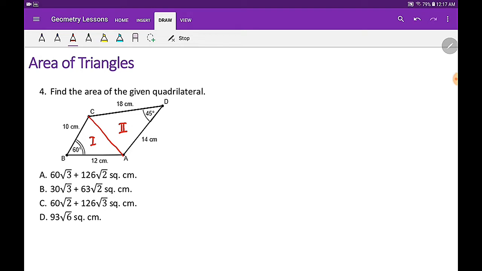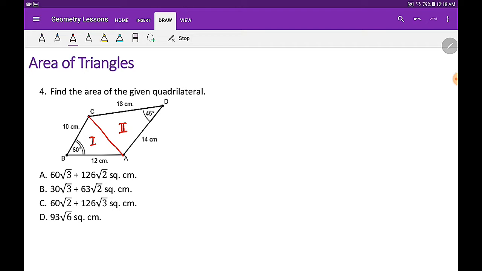Now the next problem is that our options are all hairy with radicals in them, so we cannot just grab our calculator and punch everything in. But you should realize that you're looking at a 60-degree angle and a 45-degree angle, which should be easy.